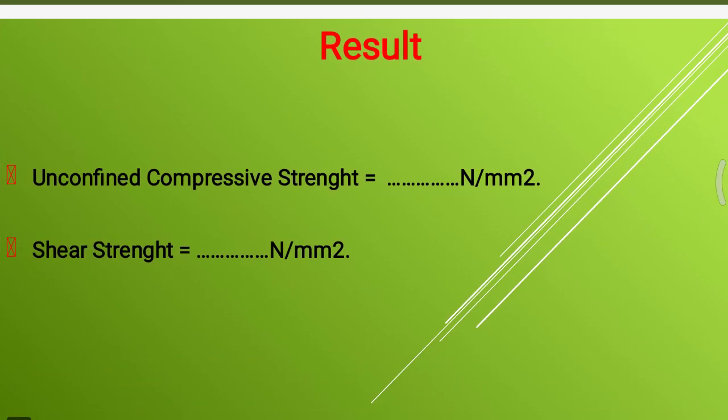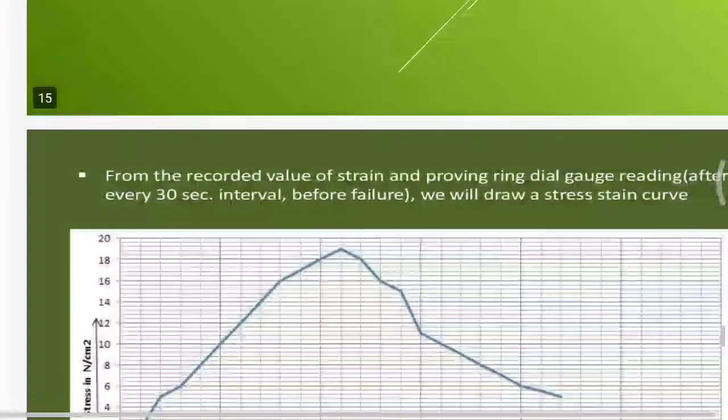Here the sample calculations are done using this formula and the following results are obtained: unconfined compressive strength in kilonewton per meter square or newton per mm square, and shear strength in kilonewton per meter square and newton per mm square also.